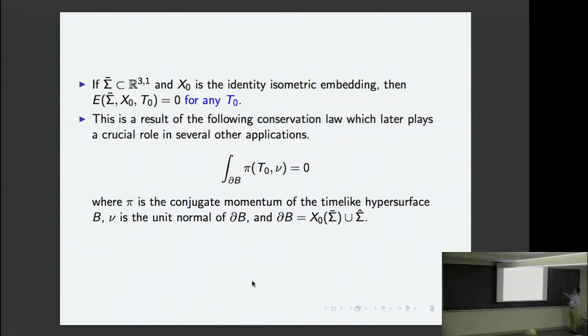Okay. But because we're in a vacuum spacetime, the divergence of this pi is equal to 0, and we're putting in a Killing vector field. So we actually get that this integral is equal to 0.